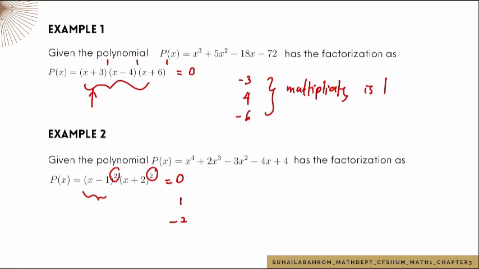For each factor, the power is 2. Therefore, for the zero of 1, the multiplicity is equal to 2, and for the zero of negative 2, the multiplicity is also equivalent to 2. So that is the relationship between the zeros and the multiplicity.